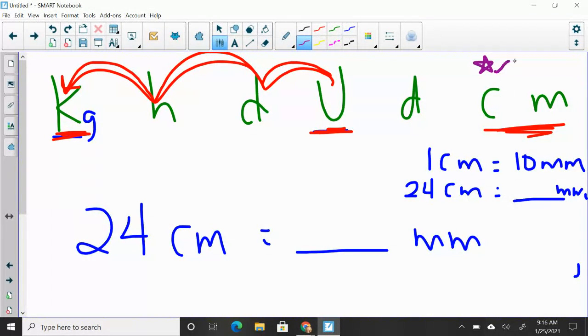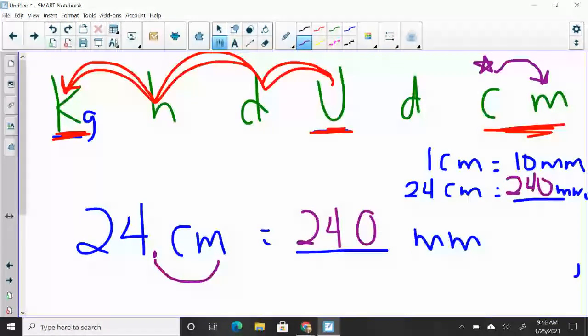I'm going one spot to the right. It's going to be 240. My decimal point would be right there, and it's going to hop one place to the right, and I would just fill that in with a 0. Okay, if I was going the opposite way, I would be dividing by 10.